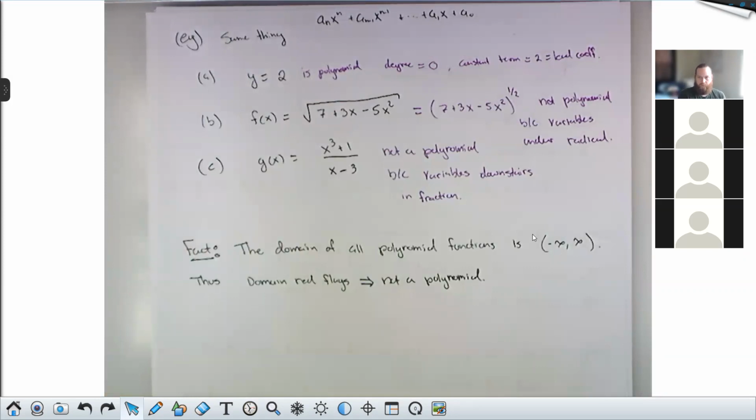I want to be careful here. Just because a function has the domain all real numbers doesn't mean it's automatically a polynomial. There are lots and lots of functions that have that domain, whether they are or are not polynomials. But every polynomial does have that domain. So if there are any domain red flags, automatically you're not a polynomial, and that can be a quick way to catch things out. Or if you want to remember it separately: variables downstairs, variables under a radical, no dice.